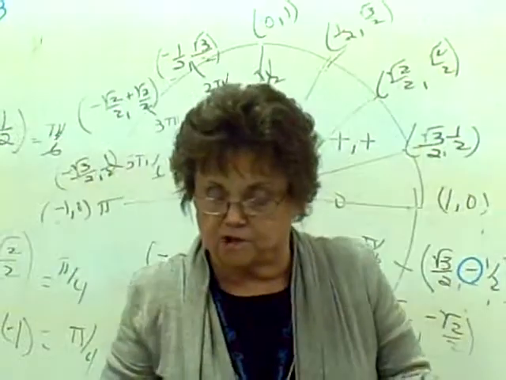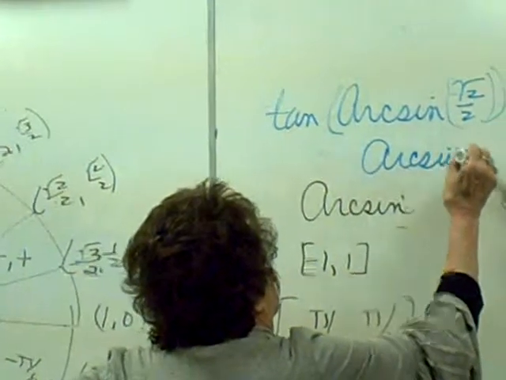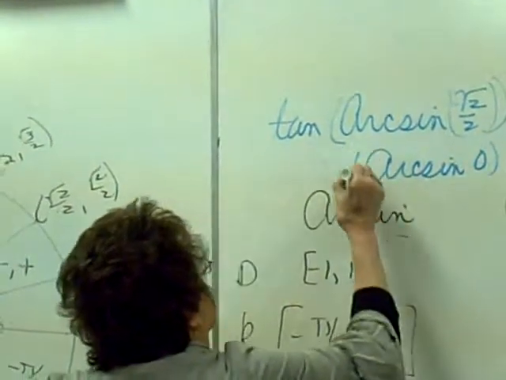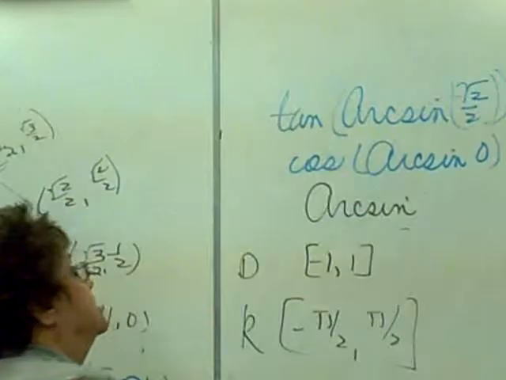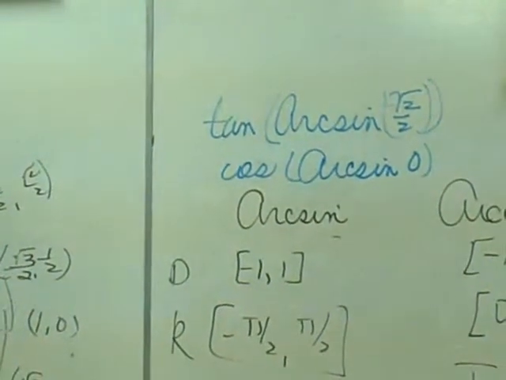Let's just do something like this. What is cosine of arc sine 0? 1. Isn't it 1?